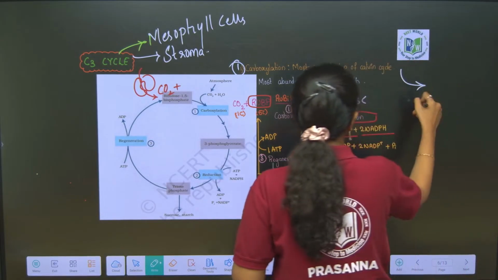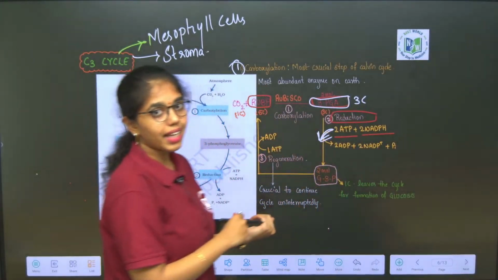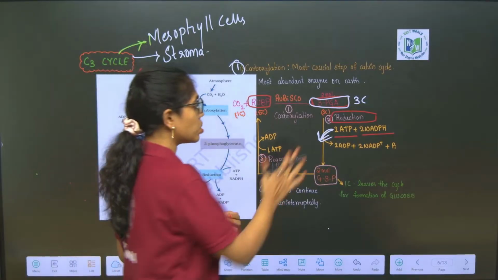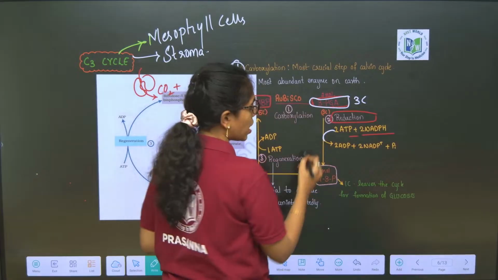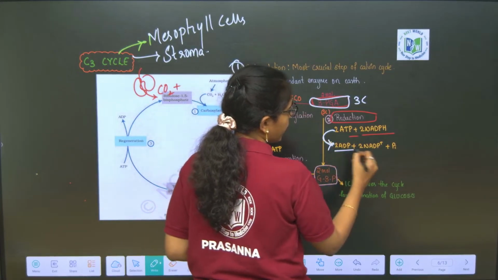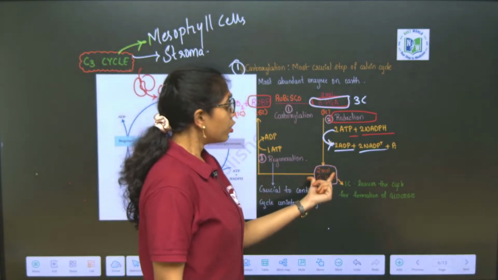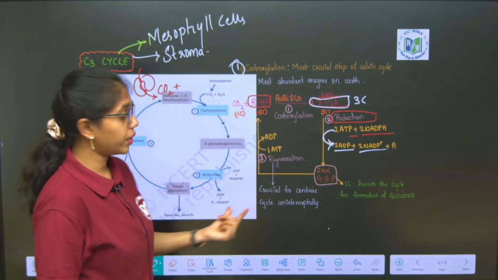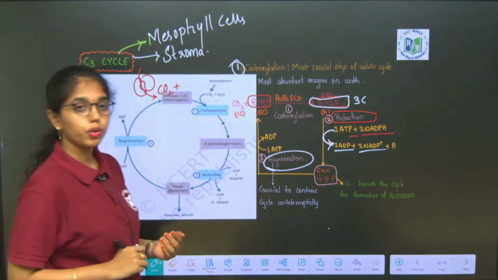Mostly you will see this in the respiratory pathways and in the photosynthetic dark reaction pathways. Here in the reduction step 2 ATP and 2 NADPH are utilized, which are converted to 2 ADP and 2 NADP+. Here 2 molecules of glyceraldehyde 3-phosphate are regenerating 1 molecule of RuBP.